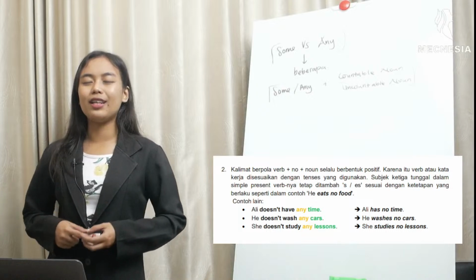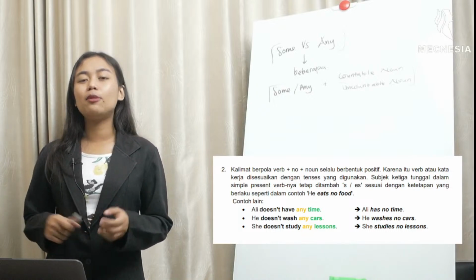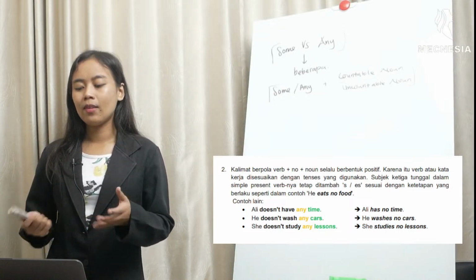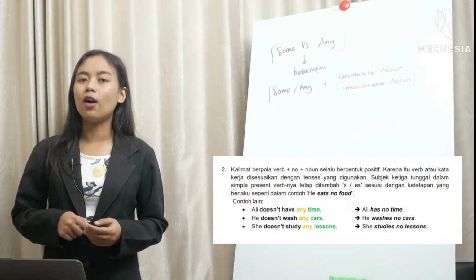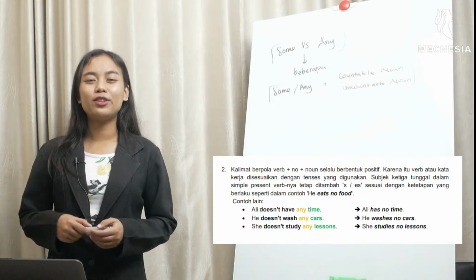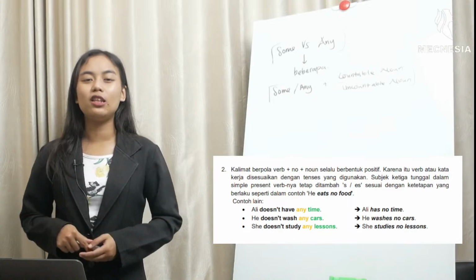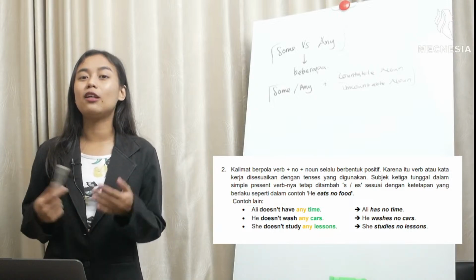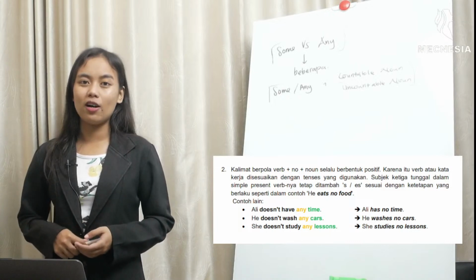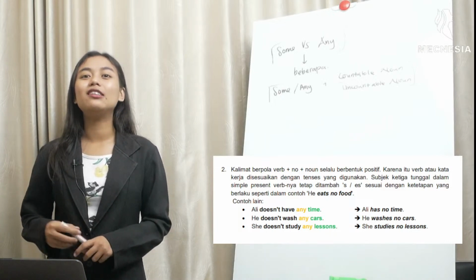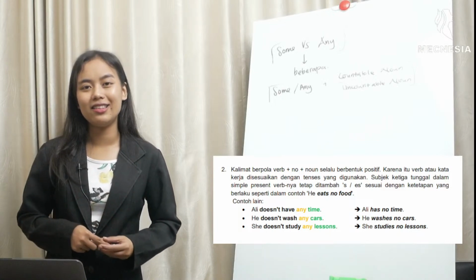Next, kita punya he doesn't wash any cars. Dia tidak mencuci mobil. He washes no cars. Dia tidak mencuci satupun mobil. And the last kita punya, she doesn't study any lessons.